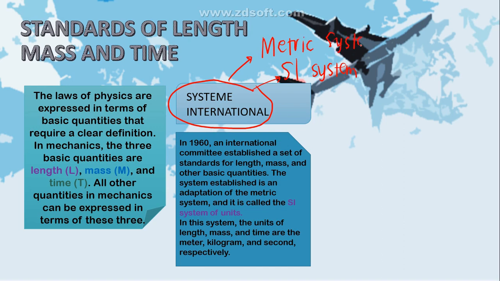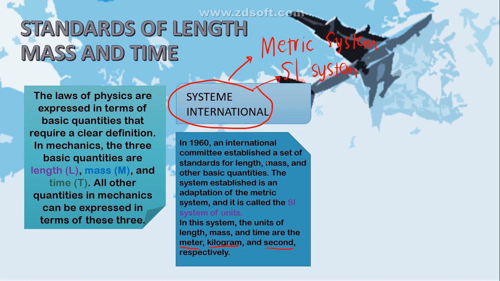So usually yun yung tawag natin sa kanya, metric system. In the metric system or the SI system, the units for length, mass, and time are meter, kilogram, and second respectively. Yung SI system, sinimulan to sa Europe, and here in the Philippines, ito din yung sinusundan natin.